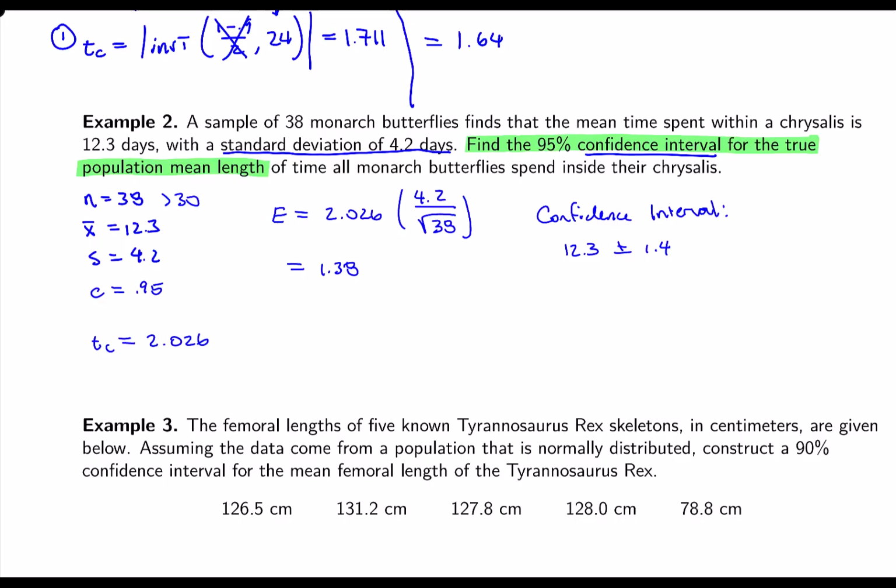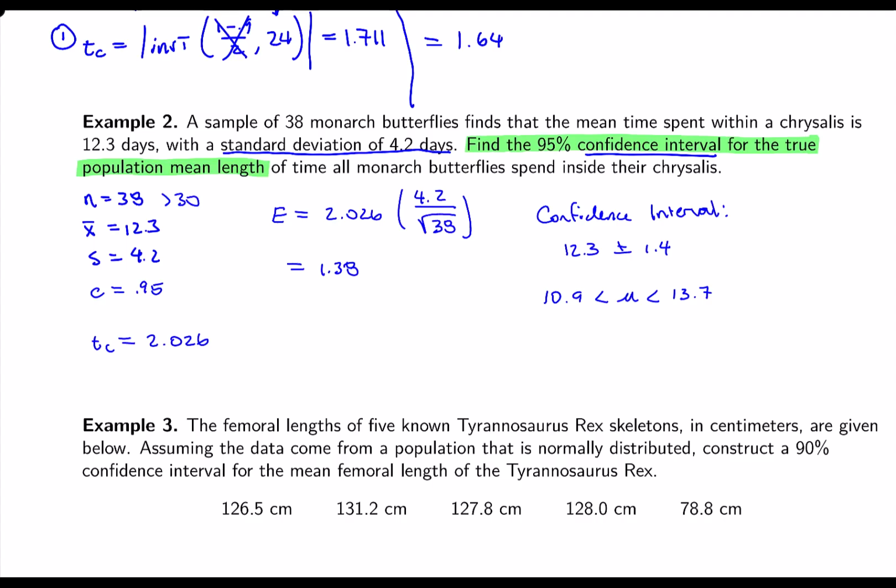All right, but that's going to be, let's see, that would be 10.9 less than mu less than 13.7. So somewhere between 10.9 days and 13.7 days. We're 95% confident that the true population mean length is going to be somewhere between 10.9 and 13.7. That's how we interpret that value.